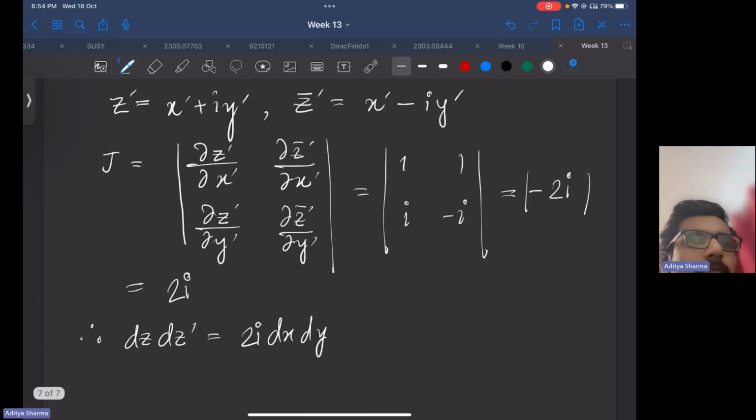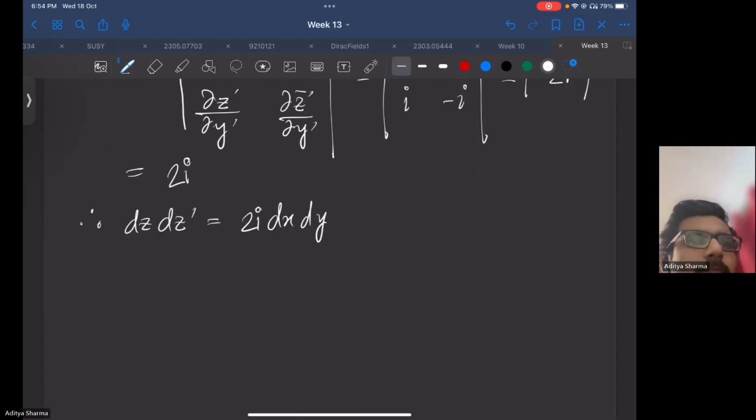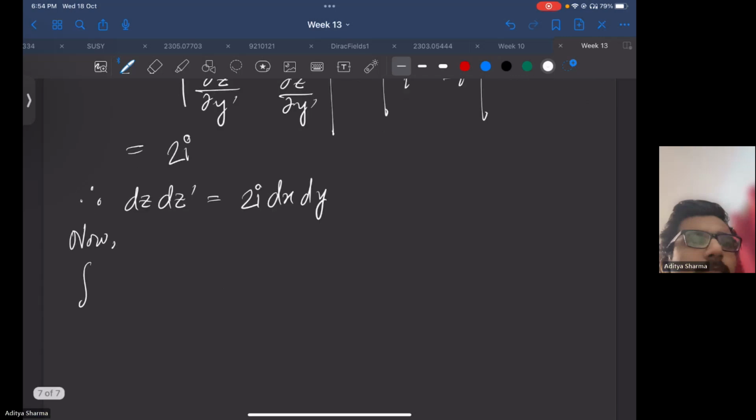Now we'll write this thing as, now we look at the integral of z prime z bar prime by 2 pi i or minus z bar prime z prime.